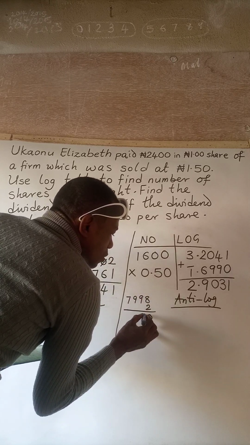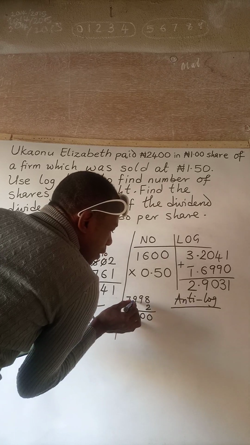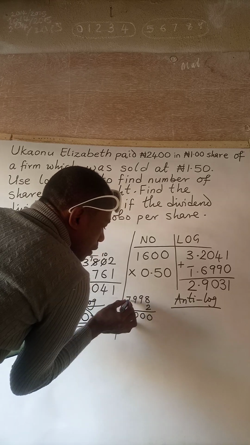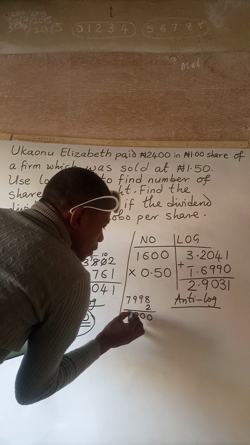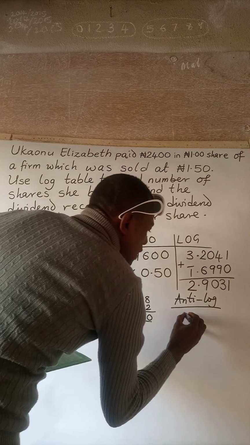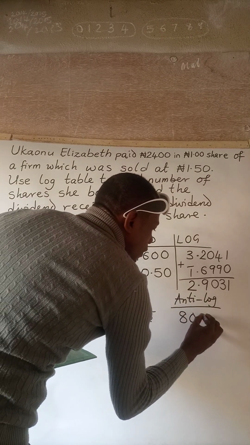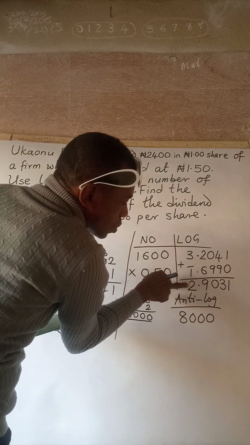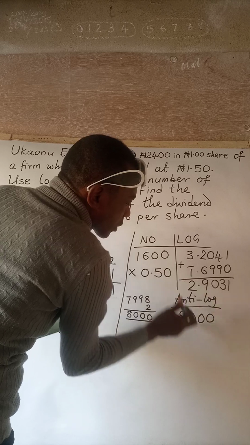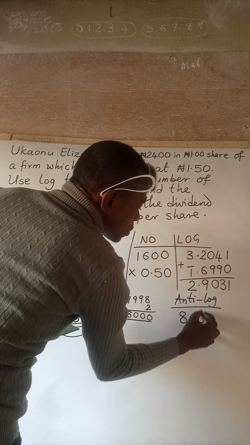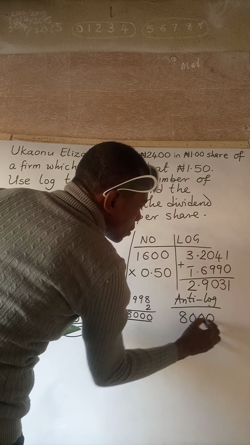When I put it here, it will be 0 again. I will carry 1 and put it here. It will also be 0 as well. I will carry 1 and add it here. It will now become 8,000. I will now add 1 to the integer. It will become 3. So I will now count forward, 1, 2, 3. So the point will be here.